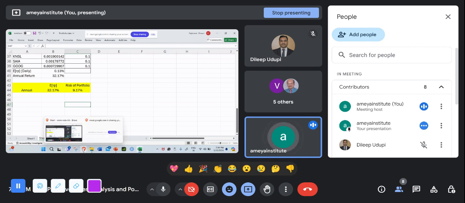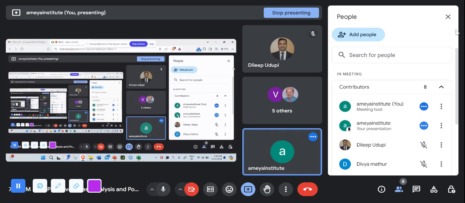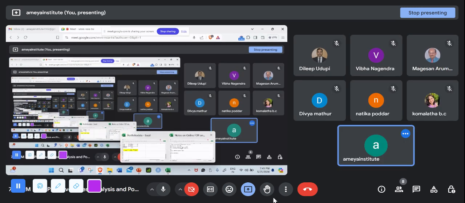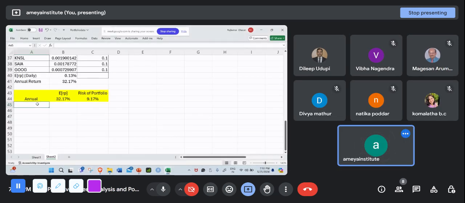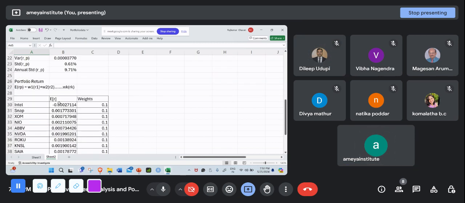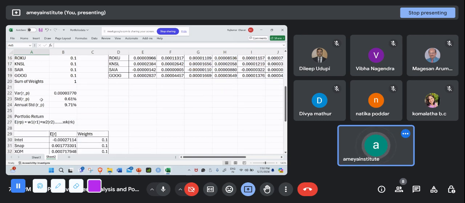Everyone able to follow this one? What we're trying to build here is the portfolio model. So here we got to know how to construct the portfolio for 10 assets we constructed.